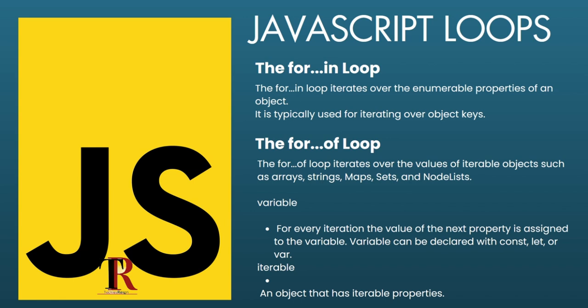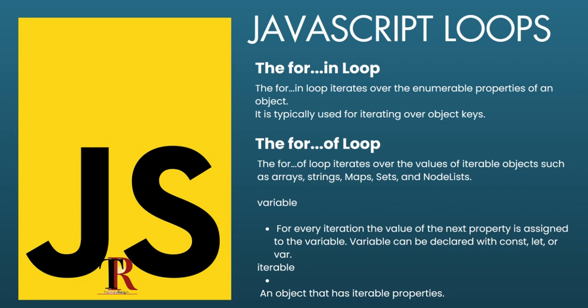Moving on, let's talk about the for of loop. The for of loop iterates over the values of iterable objects. These are some of the contexts where a for of loop becomes handy when looping over the values of such iterable objects.